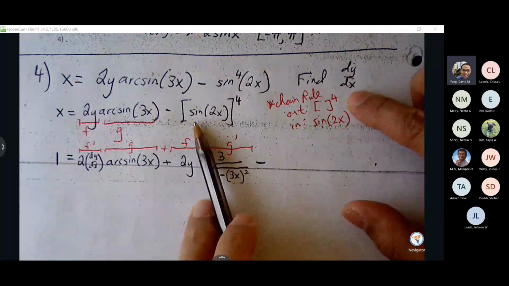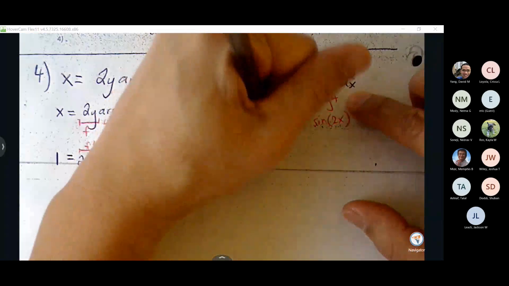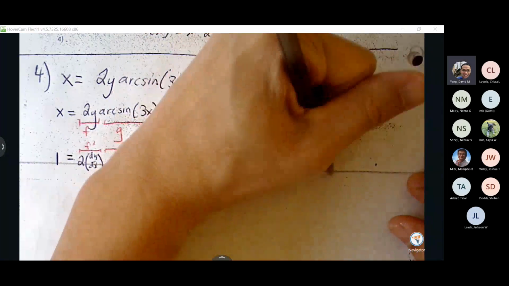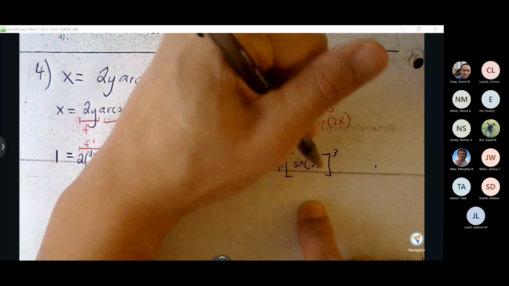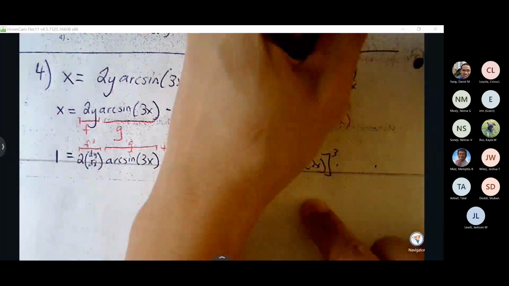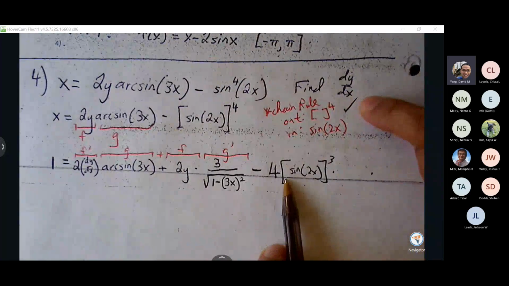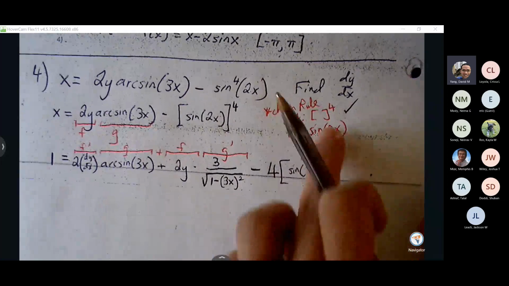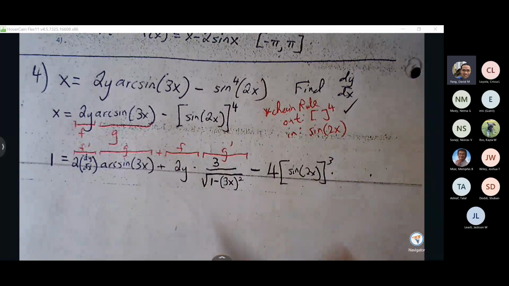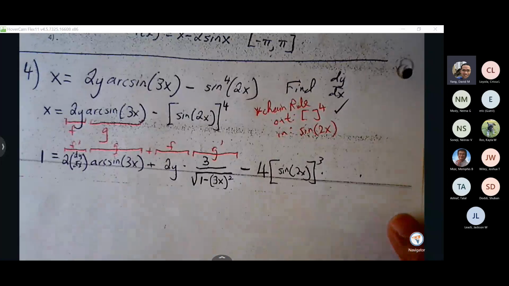Okay, so outside derivative, what does that become? 4 to the third, keep the inside alone. So check that off. I took care of the outside derivative. I'm now moving on to the inside derivative. It's going to be in different space. We don't want to put the derivative inside here, right? So they're both going to have their own space for their derivative.